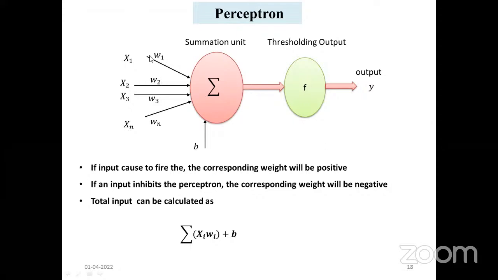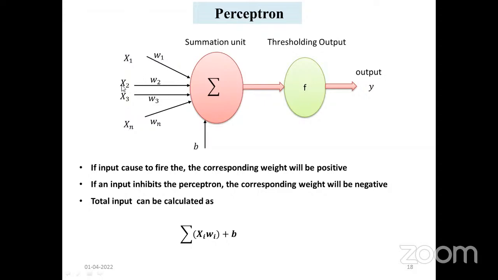Already we talked about how all the inputs will come. Here is the equation by which we can calculate the summation of the inputs. One thing to note here: if some input value inhibits, meaning it doesn't have a positive impact and is against the decision, then this input will have a negative weight.